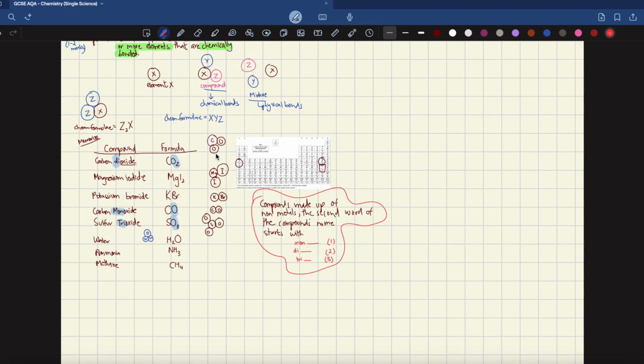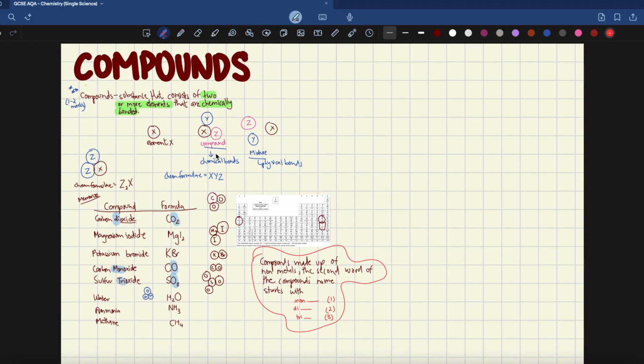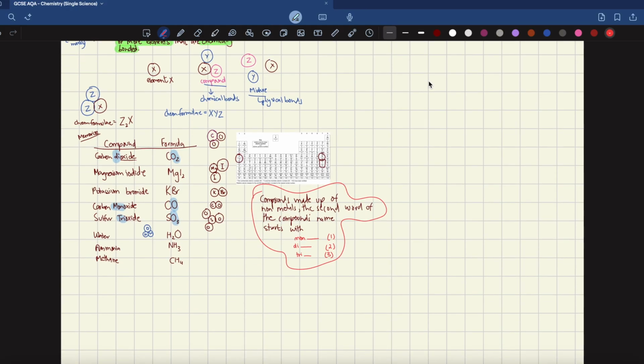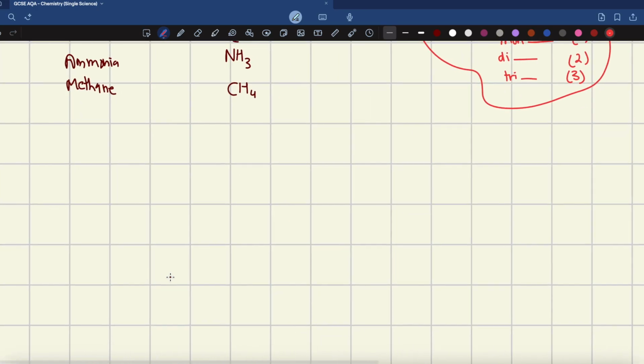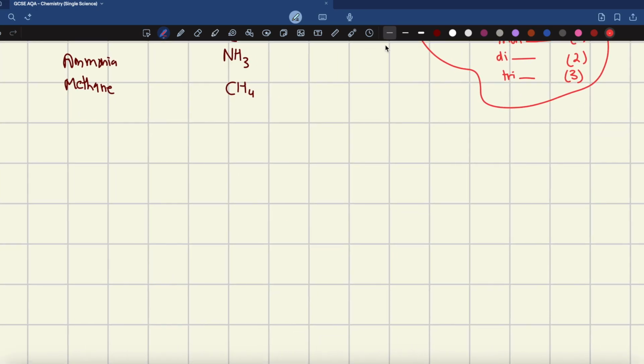Now we are moving on to the chemical formulas of ions. Just the chemical formulas. We're not going to be going into ion formation or any of that. We're sticking to the concept of chemical formulas for this video. But for basic knowledge, we need to know what an ion is.